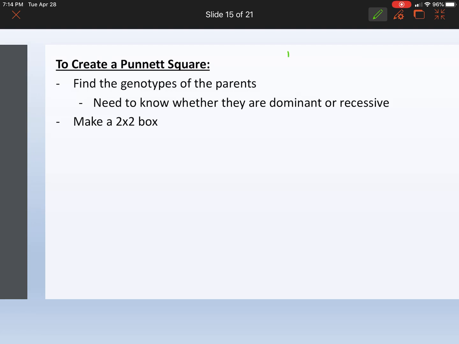Let's work through an example here. Let's say the mother is, I'm going to use B's, capital B and lowercase b. So this would be called heterozygous.